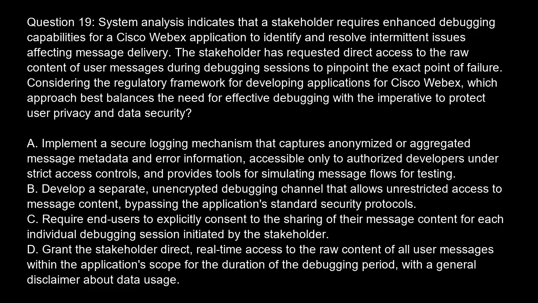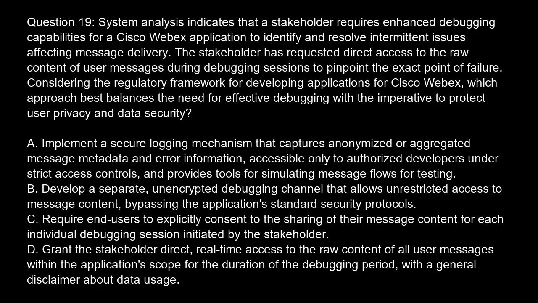Option A. Implement a secure logging mechanism that captures anonymized or aggregated message metadata and error information, accessible only to authorized developers under strict access controls, and provides tools for simulating message flows for testing. Option B. Develop a separate, unencrypted debugging channel that allows unrestricted access to message content, bypassing the application's standard security protocols.